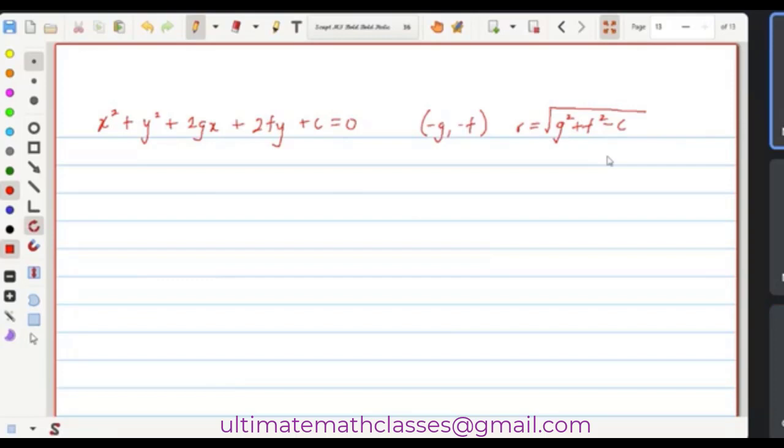Okay, so in this case, let's write a question. Find the center and the radius of the circle x squared plus y squared minus 2x minus 4y minus 4 equals to 0.